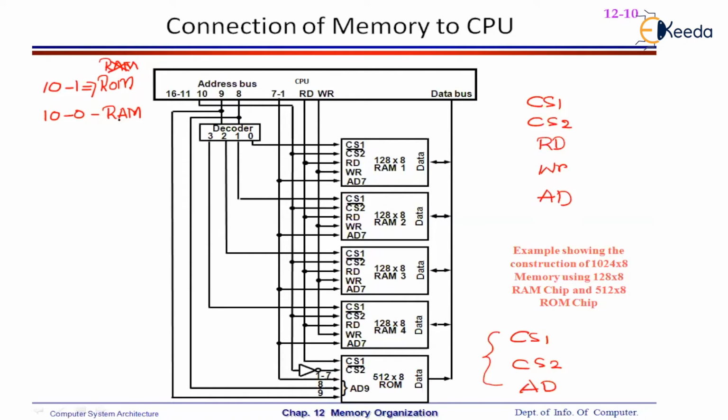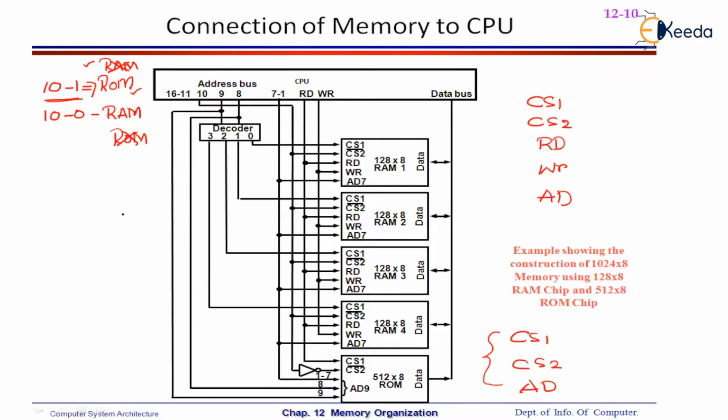If RAM gets selected, the ROM should get disabled. This is the logic. Now we will exactly implement this. Whenever the 10th digit is equal to 1, ROM should be selected and RAM should be disabled.